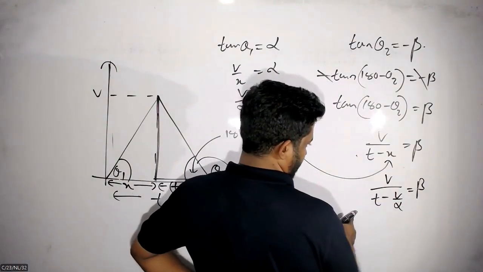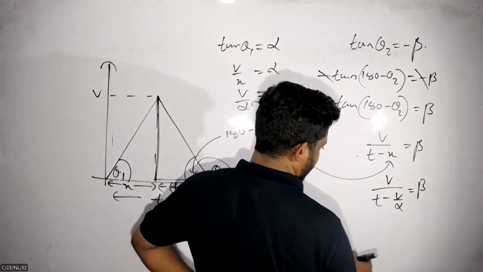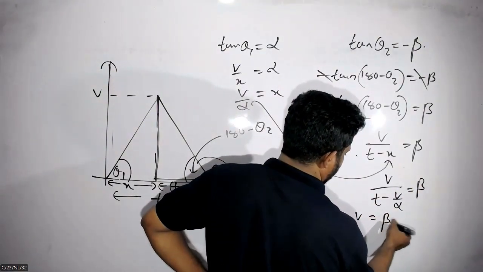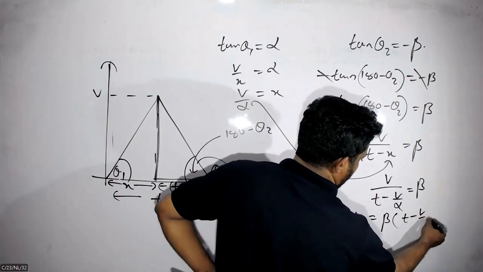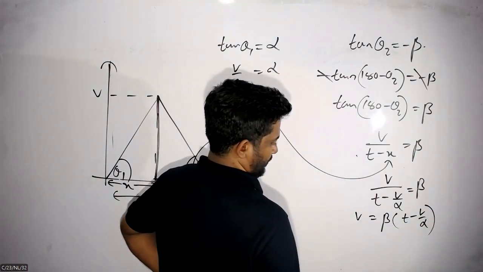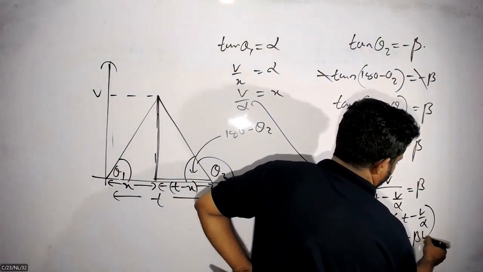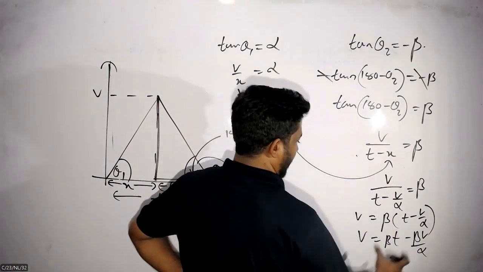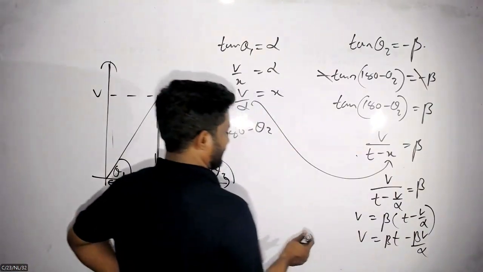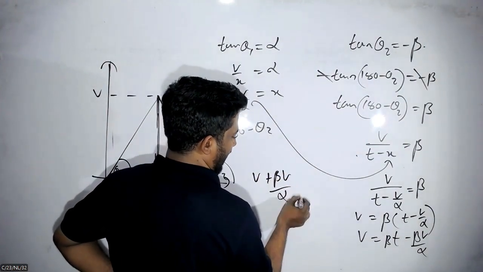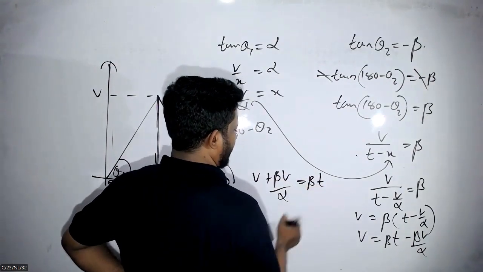Then you need to make v the subject. To do that, you can bring this term from here to here. V is equal to beta times t minus v over alpha. Then v is equal to beta t minus beta v over alpha. Then you can bring this term from here to here. V plus beta v over alpha is equal to beta into t.